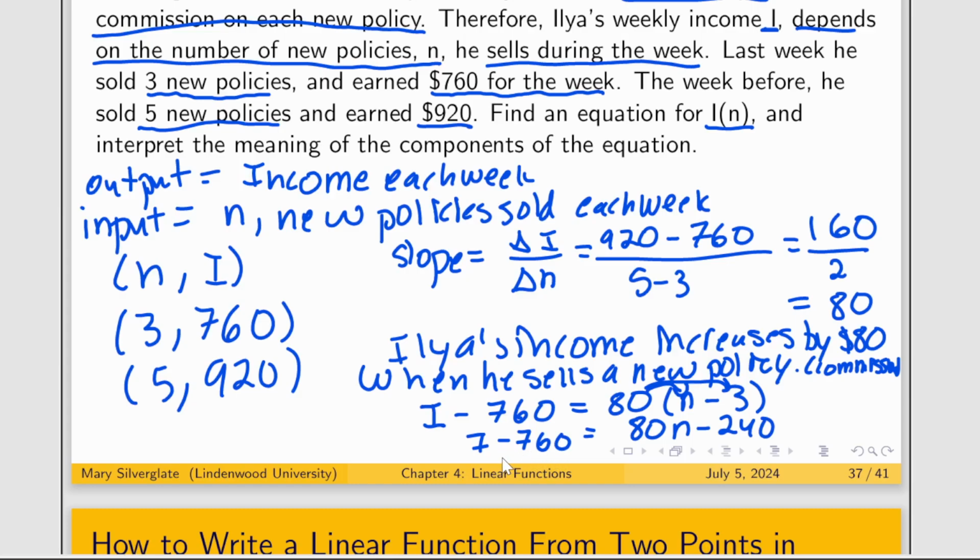And then I can just add 760 to both sides to get I by itself. So we get that our income is equal to 80 times n, so that's our commission. 240 plus 760 is going to get me plus 520. So his base salary is 520.